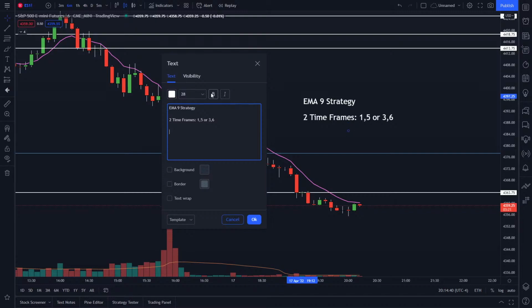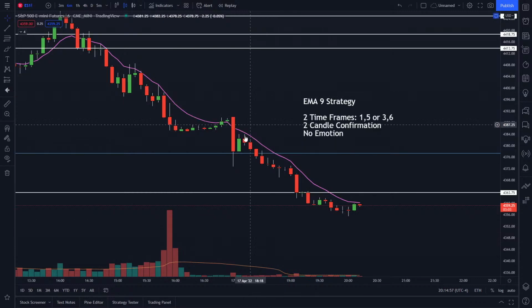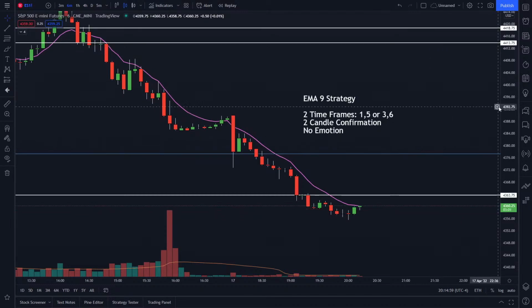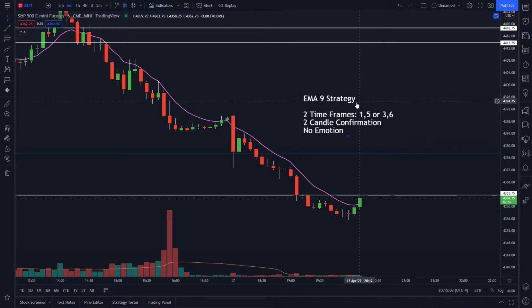It's really going to be up to you and what you end up liking. So 2 candle confirmation. And the big thing is to trade like a robot and have no emotion. So whether we're crossing the 9 EMA and you're break even or red or taking profit, you just got to be a robot and do what needs to be done, right? So that's basically it for the 9 EMA strategy.